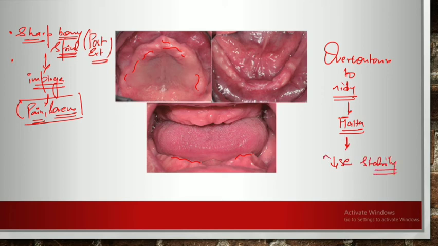So the point of saying this is, there are some elevations and depressions which also favor providing stability to your complete denture, but some elevations or depressions like sharp bony spicules should be eliminated. But there should not be thorough elimination of elevations and depressions which will lead to a flat residual ridge, decreasing the stability of your denture, right?